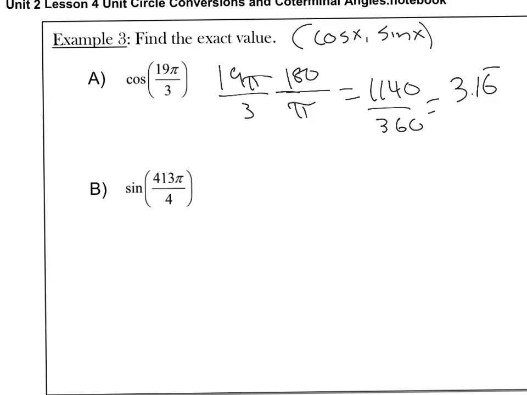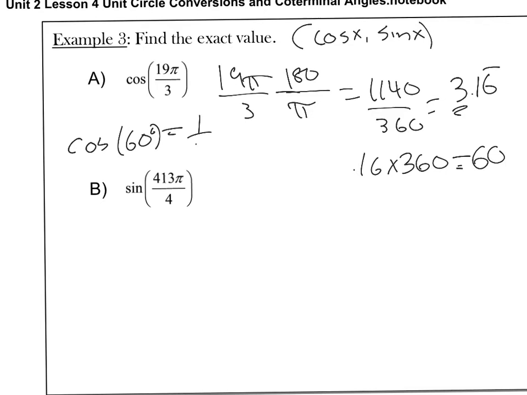So that means I'm going around the circle 3 times. 0.16 times 360 is going to give me 60. So what they really want is the cosine of 60 degrees, which is the equivalent. It is coterminal, but it's the equivalent of 19 pi over 3, okay? So the cosine there, you can check your unit circle, should be a positive 1/2.